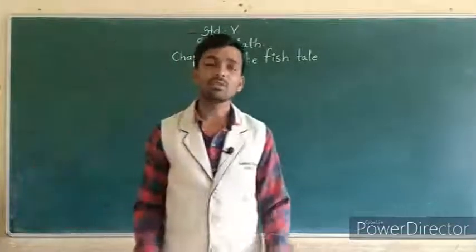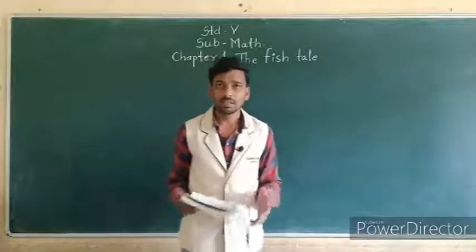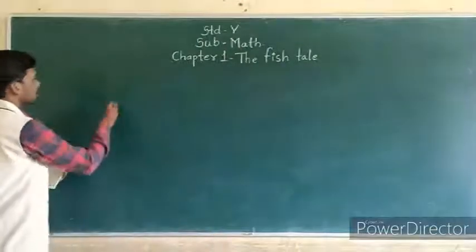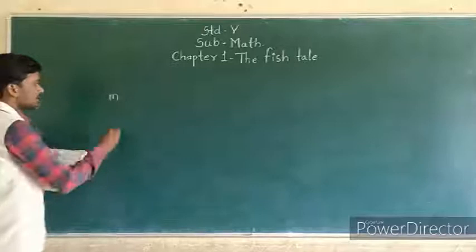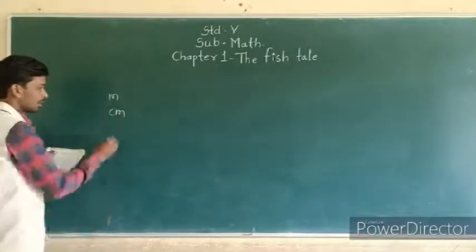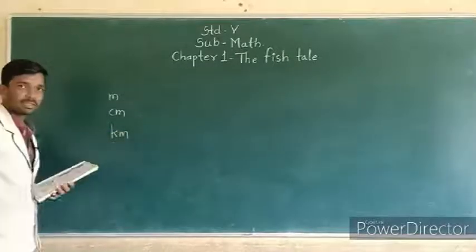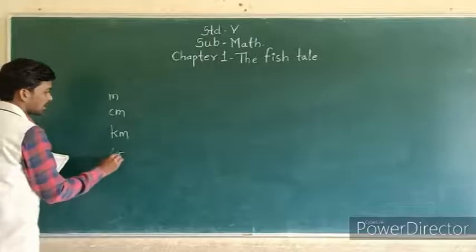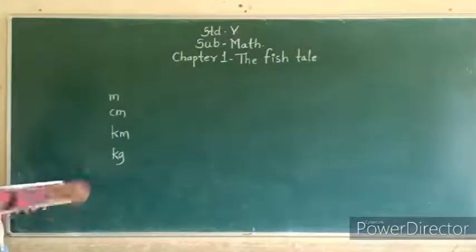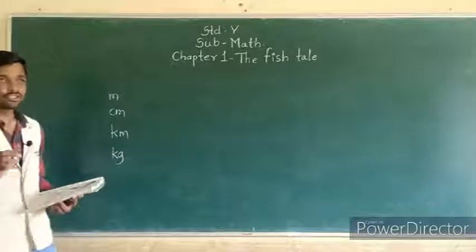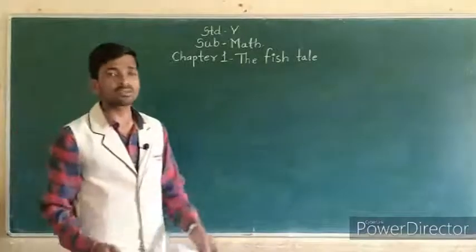First, units. Which units do we have to see? Meter, centimeter, kilometer, and kg. Kg means kilogram. These units we have to see in this chapter. Also we have to see the conversions.